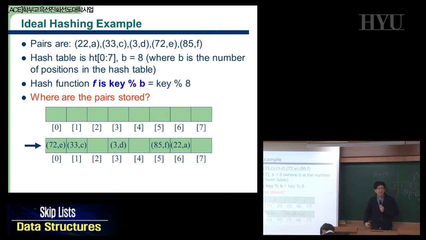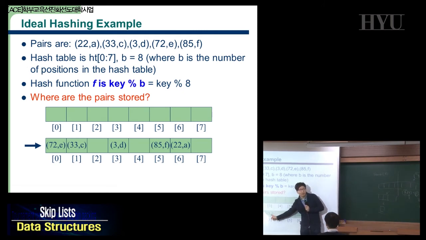Why do they say it's an ideal case? Probably there's no duplication in the same position. Maybe no two elements will be asking for the same position.